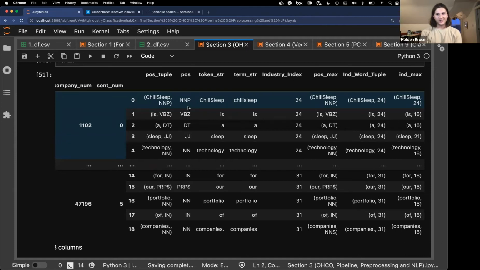And then there's also the somewhat cynical, personal, funny motivation for this: I think the way that companies speak about themselves is generally ridiculous. I think it's a lot of BS. Companies love to use fluff words, and everyone's a technology company, right? I went into this knowing that companies do this, and the question was whether that would limit my ability to differentiate between industries. Ultimately, my conclusion is pretty much that.